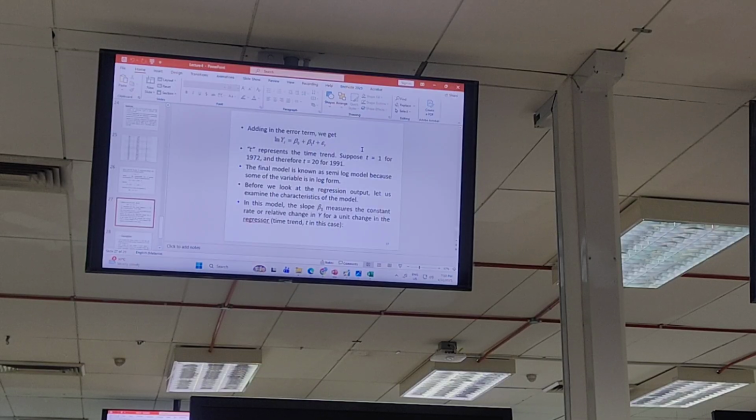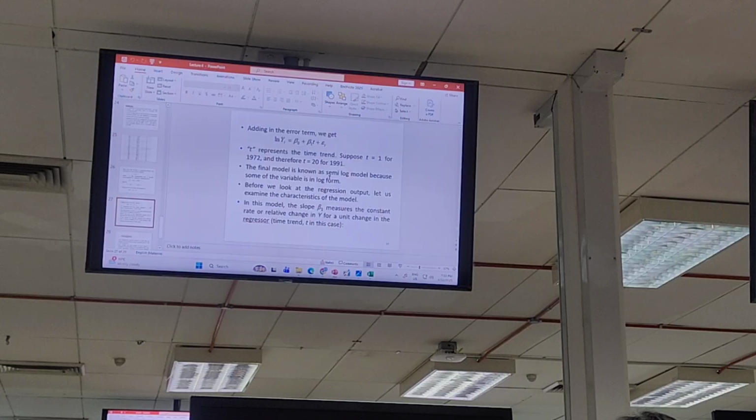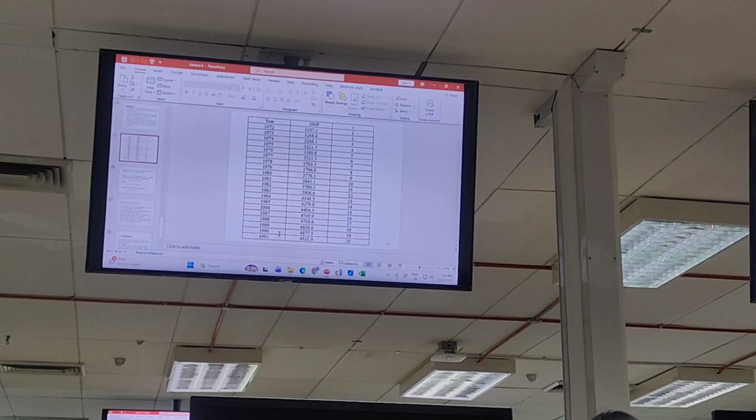We add the error term because it is a mathematical model. T represents the time trend. Suppose T equals 1 for the first year, 1972. The first year, T equals 1. And therefore T equals 20 for the last one, 1991.